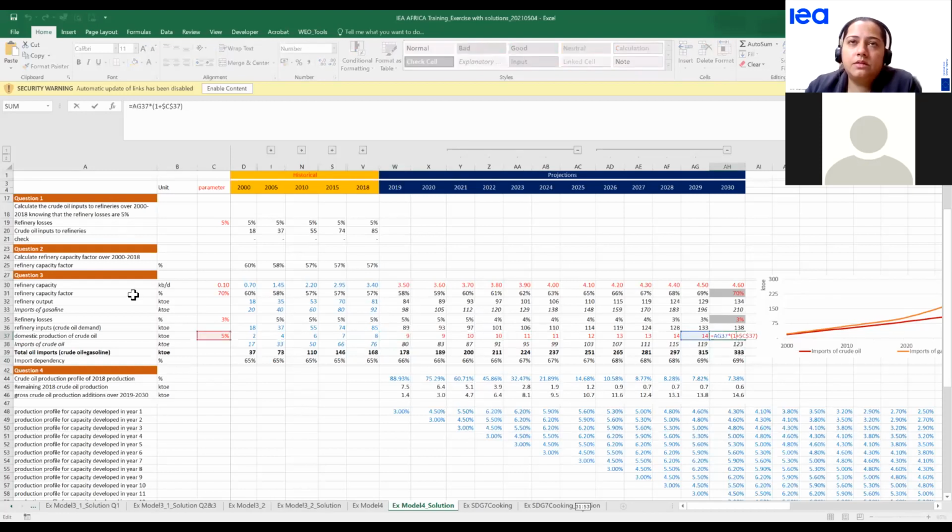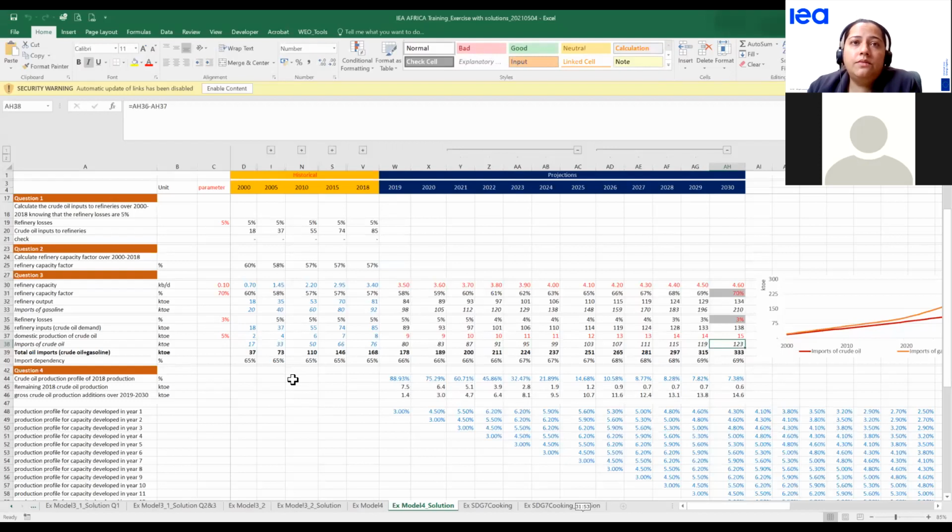Previous year times 1 plus 5%. So you have your refinery inputs, you have your domestic production, and you can now calculate your imports of crude oil, which is your refinery inputs, how much you put into your refineries, minus how much you produced, and that would give you the amount of imports of crude oil, so that you can calculate for all the years.